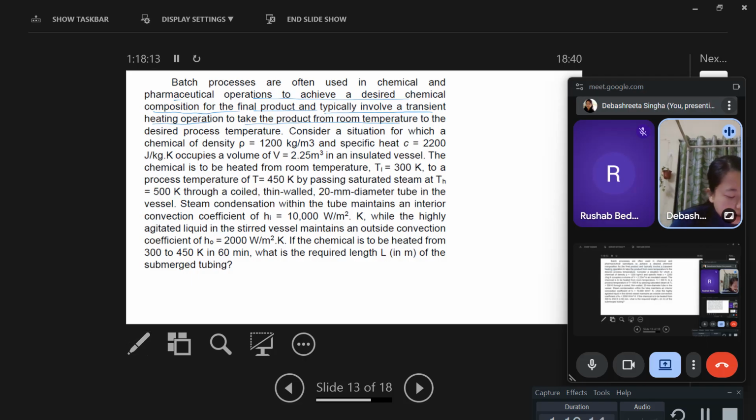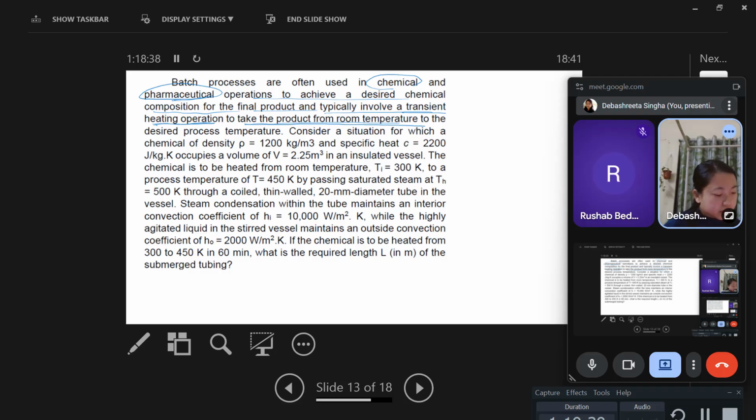So here they have given examples of where batch processes are used in chemical and pharmaceutical industries. To achieve that desired product, they also involve a transient heating operation to take the product from room temperature to the desired temperature.